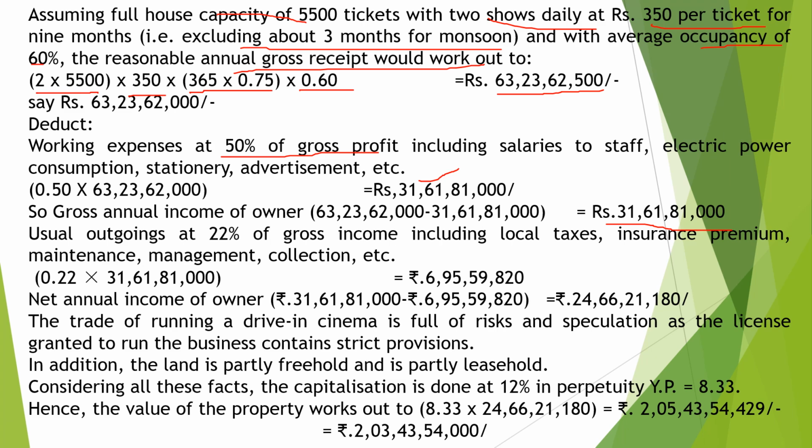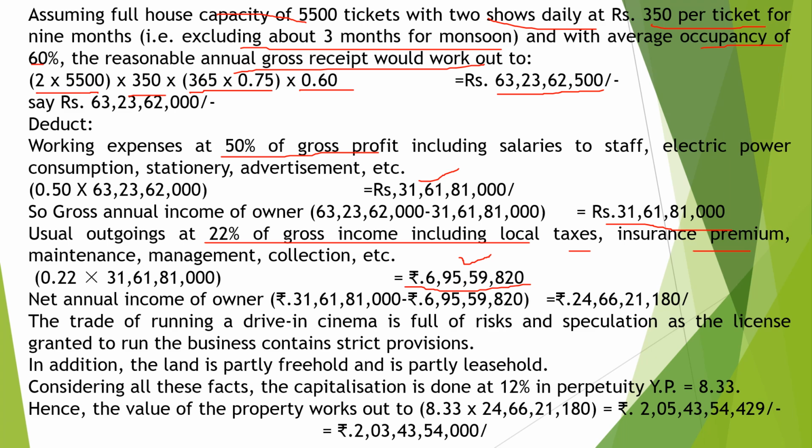From this annual income, 22% is given as usual outgoing, which includes taxes, insurance premium, etc. So 22% of 31 crore 61 lakh 81,000 is 6 crore 95 lakh 59,820. So this is the usual outgoing.